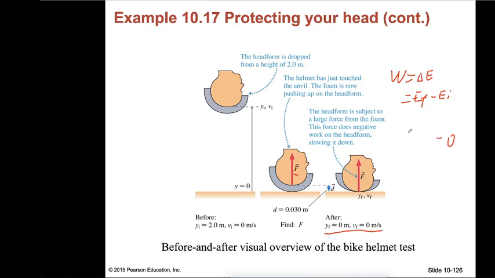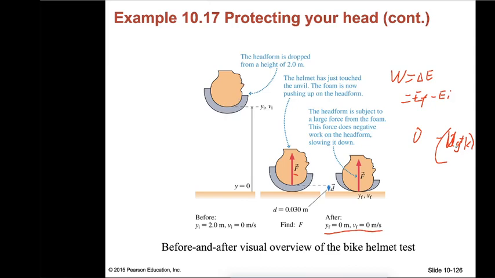What is E initial? E initial is UG, gravitational potential energy, plus K, which is kinetic energy.